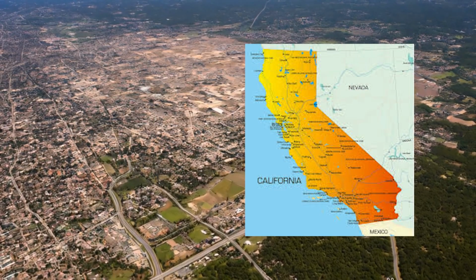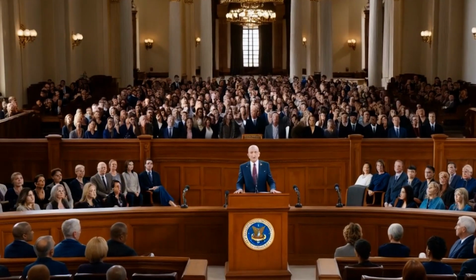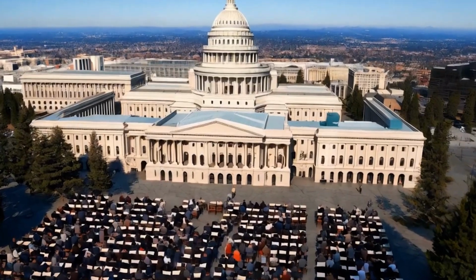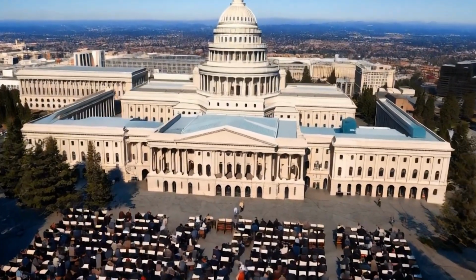Now let's look at California. Their officials who are subject to recall are statewide elected officials, meaning governor, lieutenant governor, secretary of state, attorney general, treasurer, controller, and insurance commissioner. You also have state legislators, both state senators and assembly members.